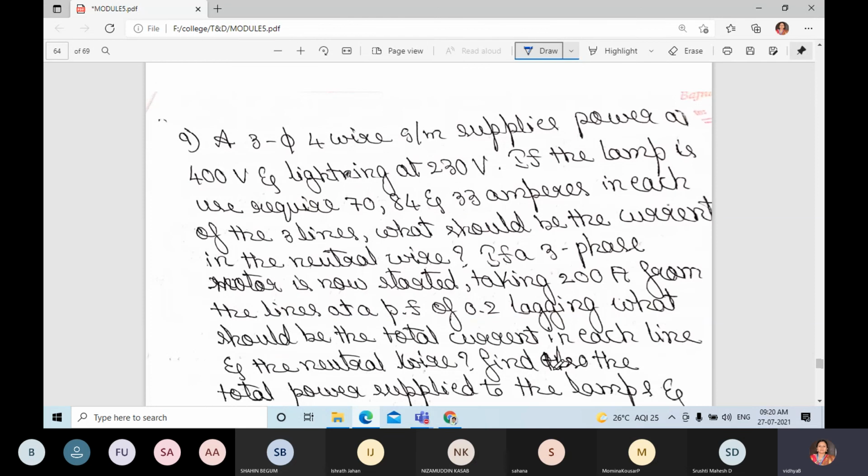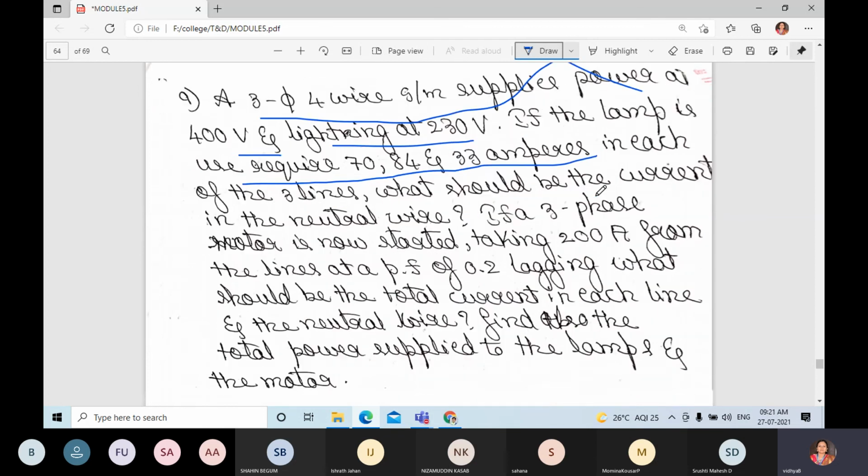This problem they have asked in the question paper: a 3-phase 4-wire system supplies power at 400 voltage, with lighting at 230 voltage. If the lamps used require 70, 84, and 33 amps in each of the 3 lines, what should be the current in the neutral wire?